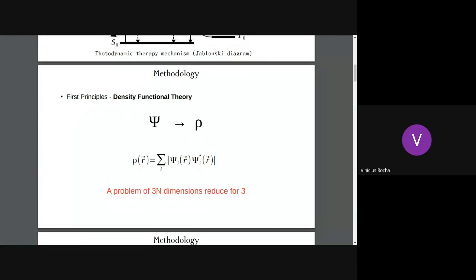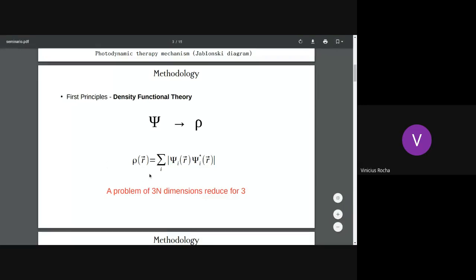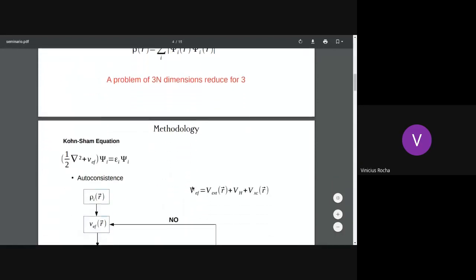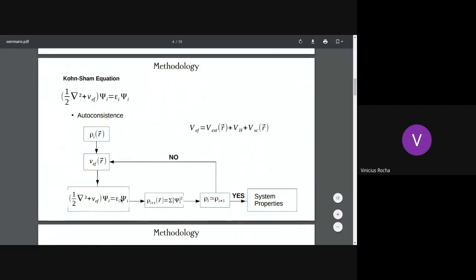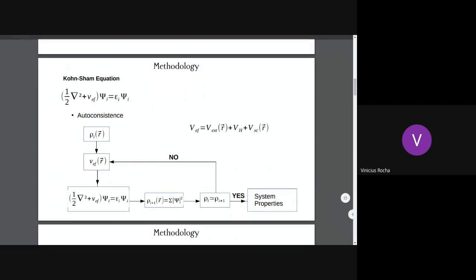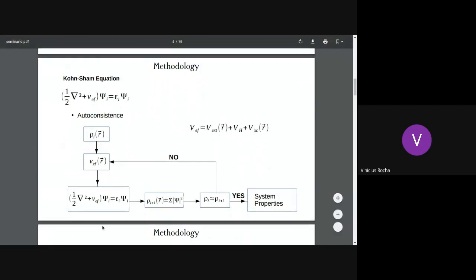The idea of this theory is, instead of using the wave functions as the main variable, we will use the electronic density, an easy quantity to calculate and that depends on only three spatial variables. So with this approximation, we arrive at a Schrödinger-type equation that we call the Kohn-Sham equations.